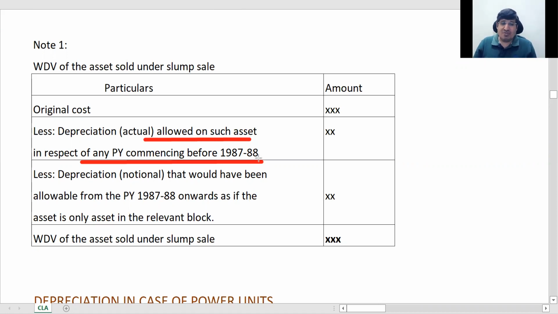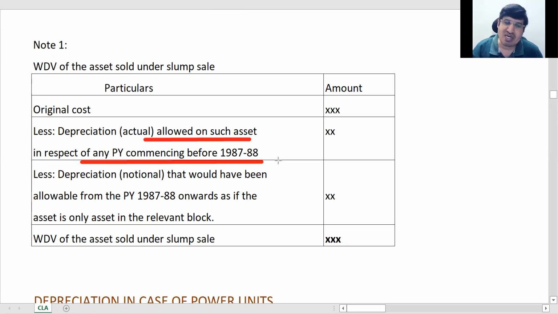So before 87-88 there was no concept of block of assets, ठीक है। अभी कोई block of assets नहीं था, सब individually होता था depreciation before 87-88. Okay, from 87-88 onwards block of asset concepts came.